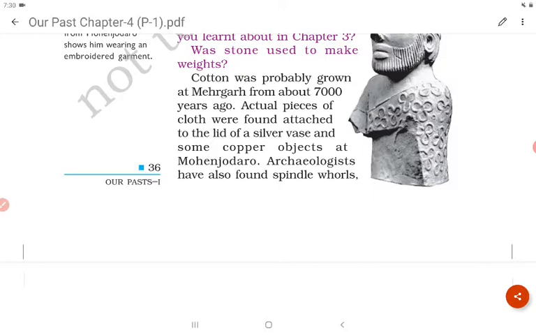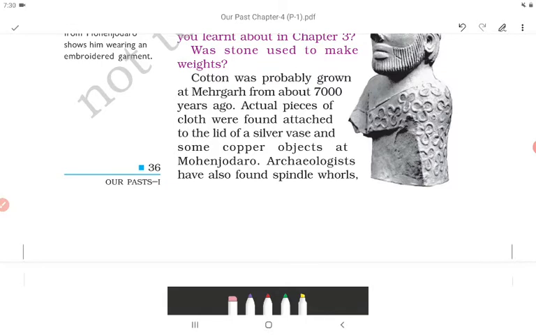Cotton was probably grown at Mehrgarh about 7,000 years ago.